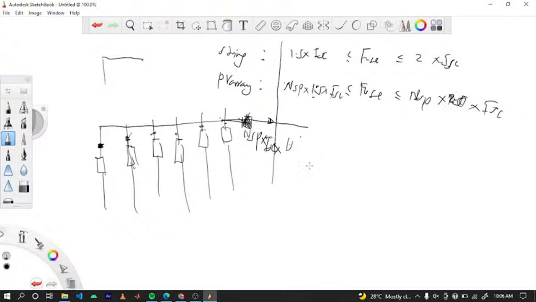Now the last thing, provide protection for the battery. For that you use a fuse whose rating should be greater than or equal to the battery current.